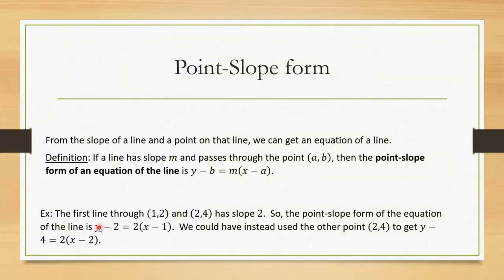Using that point would be this: y minus 2, right? Y minus b from the definition. b is the y coordinate. So y minus 2 equals 2, 2 is the slope here, times x minus 1, x minus the x coordinate. So again, using the point (1, 2), and the slope is 2.